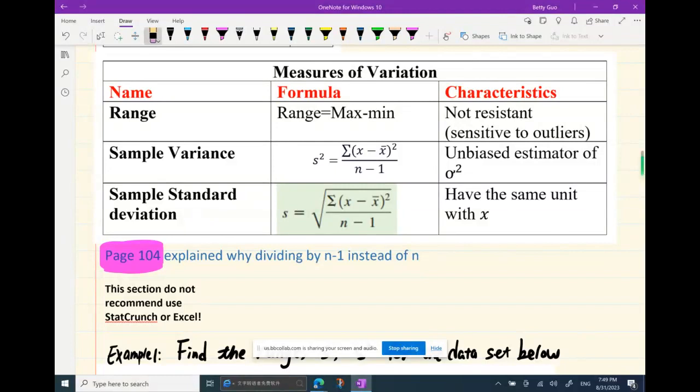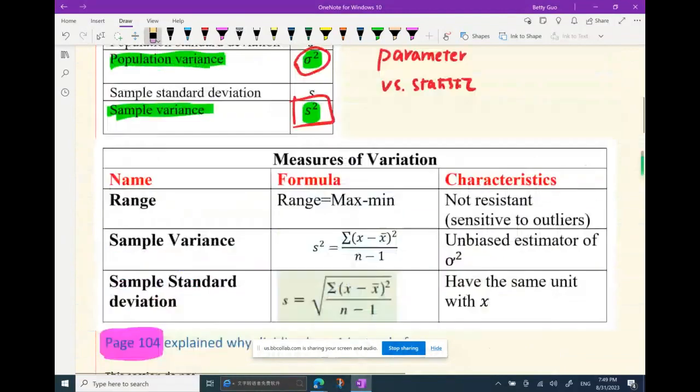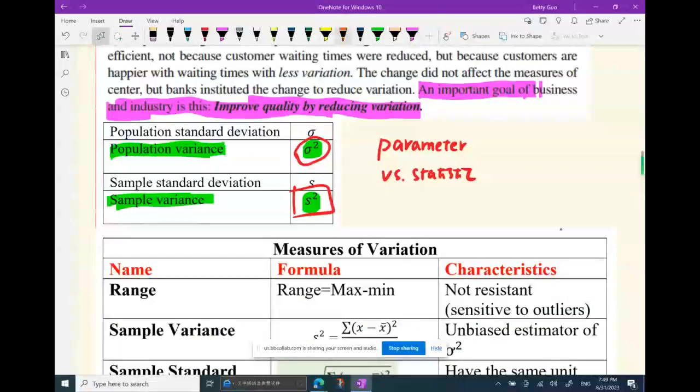Okay. The next one, the last measure of variation, is called the sample standard deviation. The notation is lowercase s. The sample standard deviation, little s, is the estimator of the population standard deviation, sigma. So here, s is a statistic, sigma is a parameter. s is used to estimate the value of sigma.